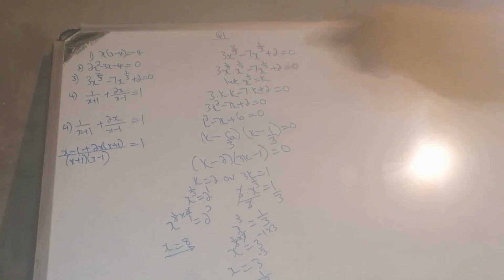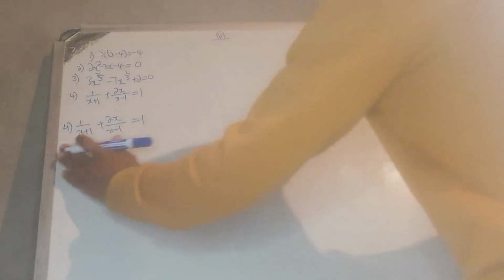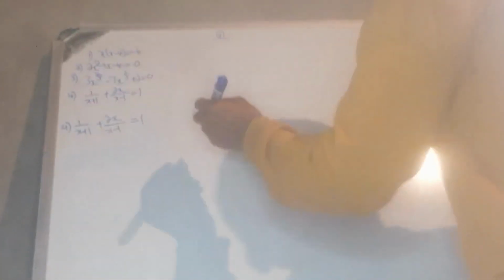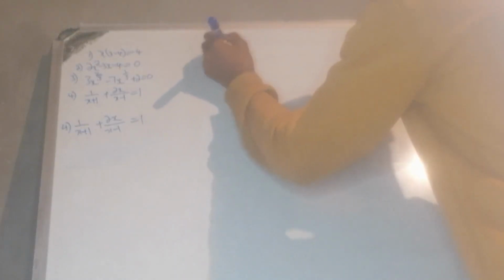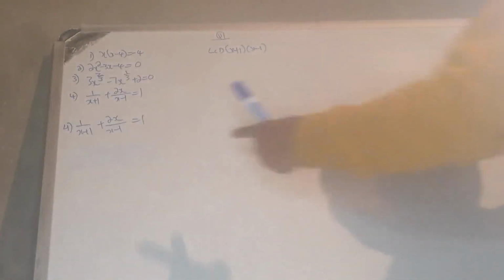Right, let's not do it in this way. When you have an equation, it's true that we have an LCD. We can see that our LCD is x plus 1 into x minus 1. Because it's an equation, you multiply everything by the LCD.